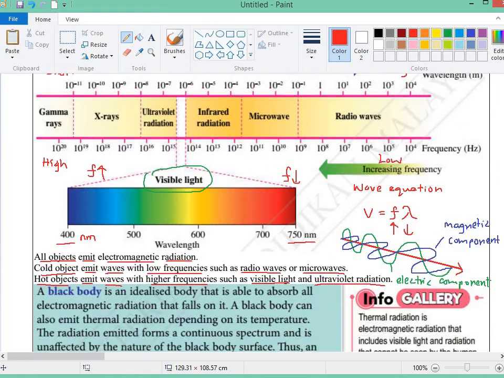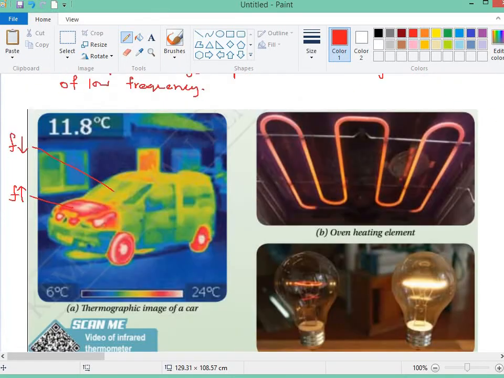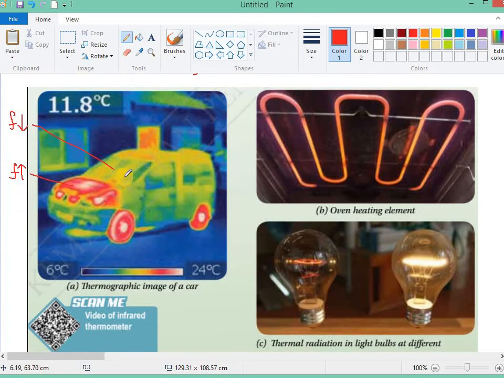But you look at this diagram, this picture, the red has higher temperature. The yellow and green are lower temperature. You see the building, the house at the back, blue color, even lower temperature. So this picture shows the color that is the opposite of the electromagnetic spectrum.